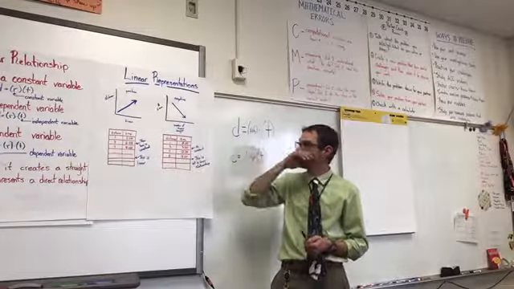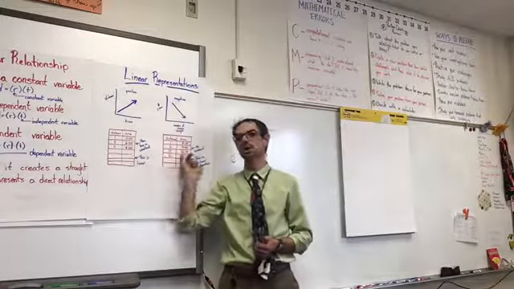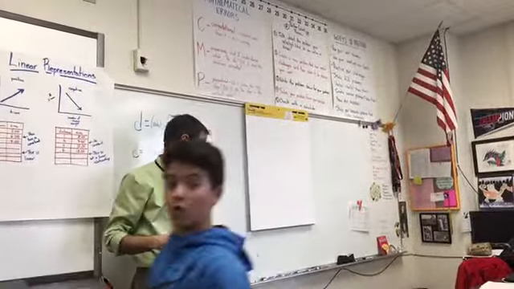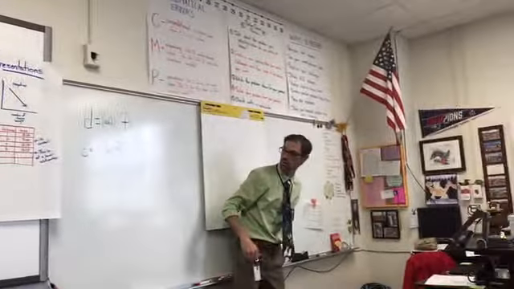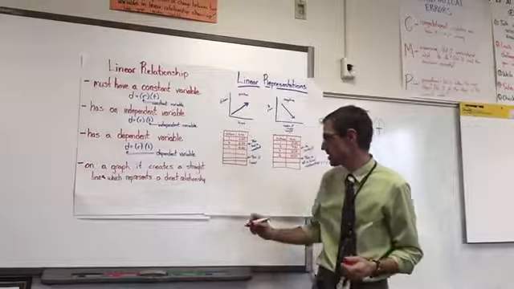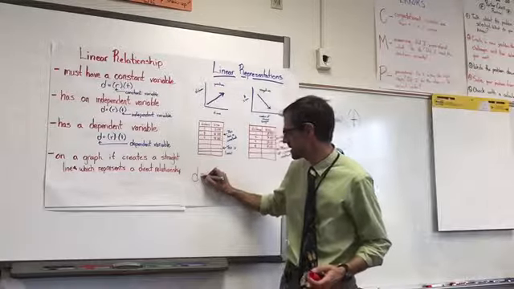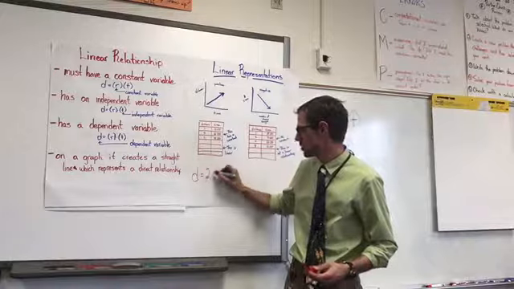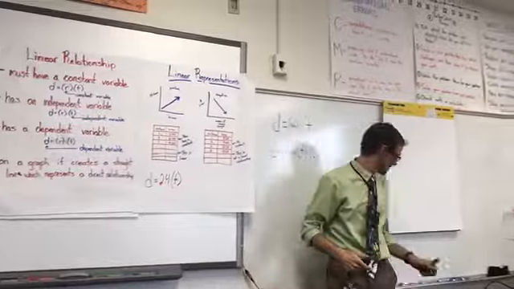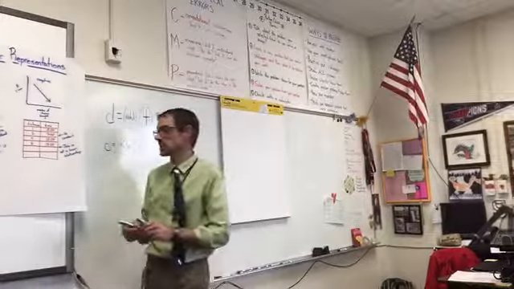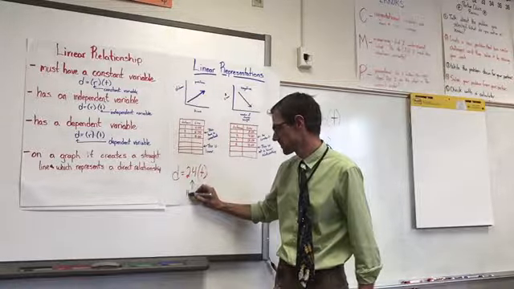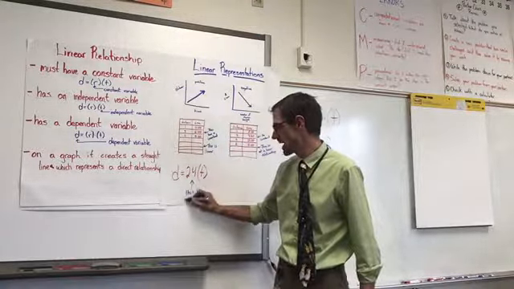This chart. Because you can use graphs and charts as well as equations to decide if something is linear or not. For instance, this would be linear: distance equals, let's say, 2.4 times t. This equation, I know that this is a linear relationship because this is a constant.